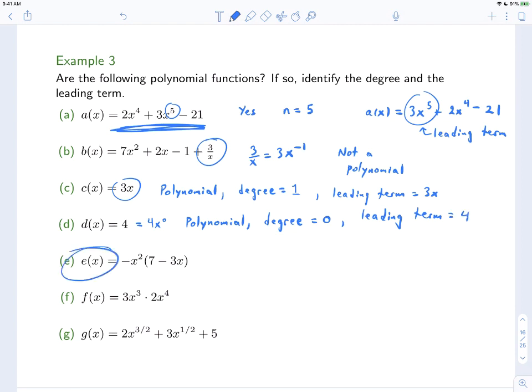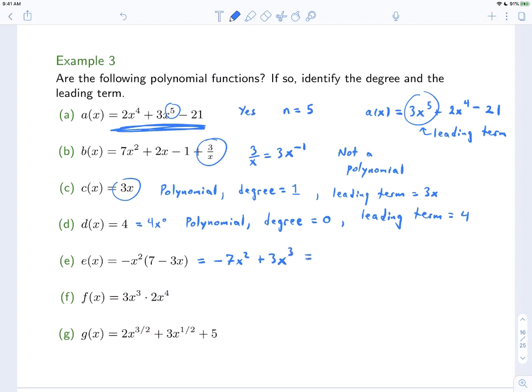What about e of x? This might not look like a polynomial function, but it is. It's just not written in the general form. If we distribute that negative x squared, this is minus 7x squared plus 3x cubed.